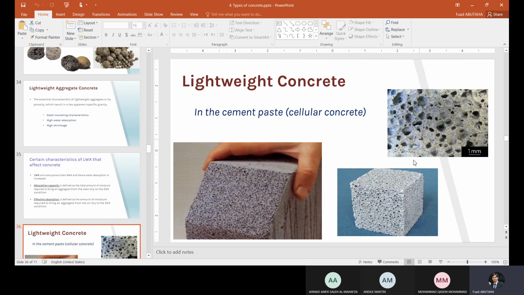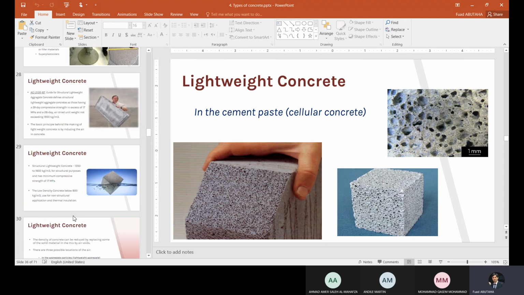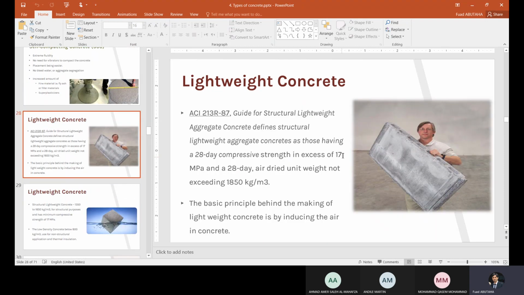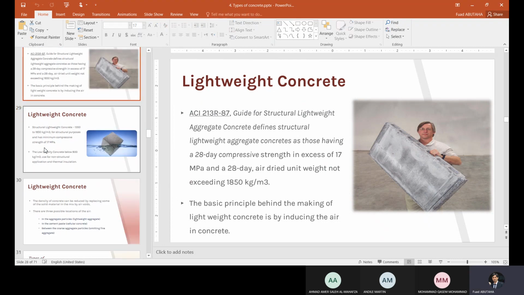And when you design lightweight concrete, you need to make sure that the compressive strength should not be lower than 17 megapascal if you want to use it for structural purposes. So for structural purposes, we cannot use any concrete that has a compressive strength lower than 17 megapascal in the structure.